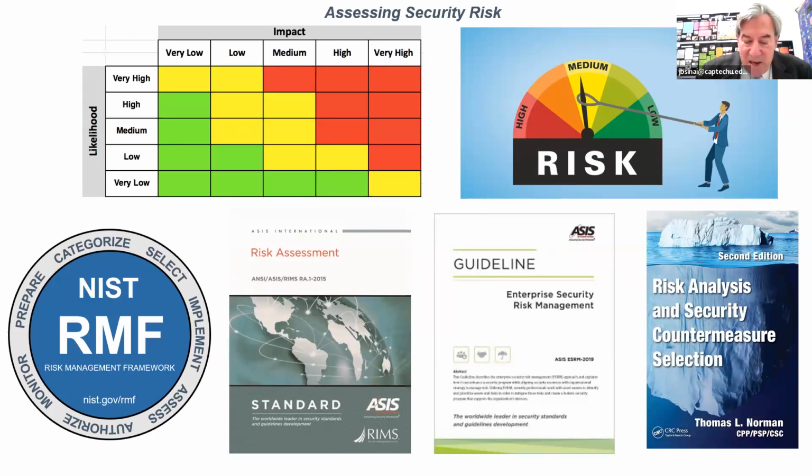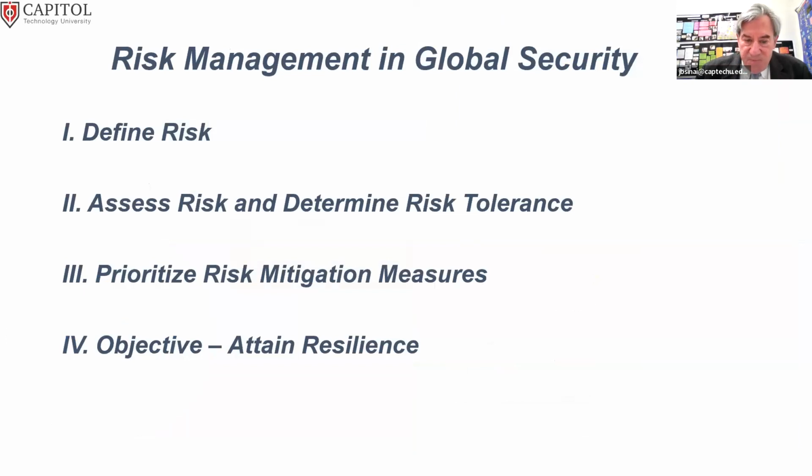And one of the leading textbooks on risk management is by Thomas Norman, which was published in 2016. In fact, I wish he would come out with a new edition so that he could update his approach. This presentation is divided into 4 parts.